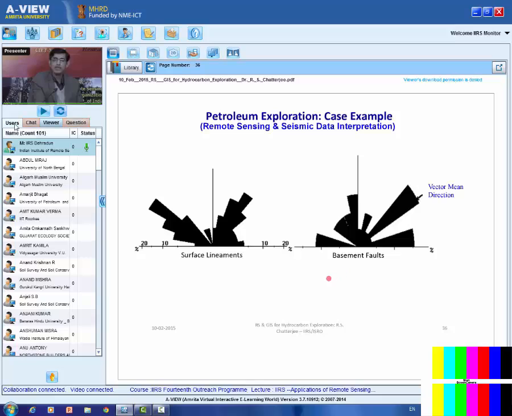If it so happens, what does it mean? It means that the basement faults are propagated to the surface and there is a consistency from the basement faults to the surface. If these faults are consistently propagating to the surface, then what will happen? Although you have sufficient petroleum accumulated underneath in the reservoir, because these fractures are continuous from the basement, they will act as avenues, and the petroleum will come out from the reservoir.